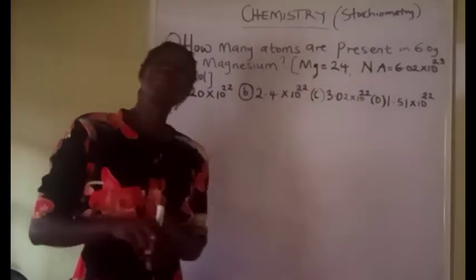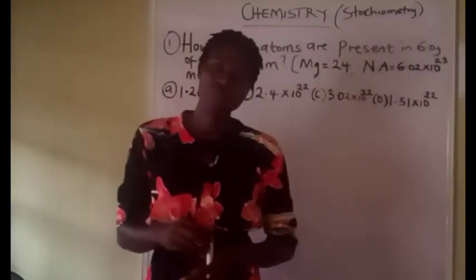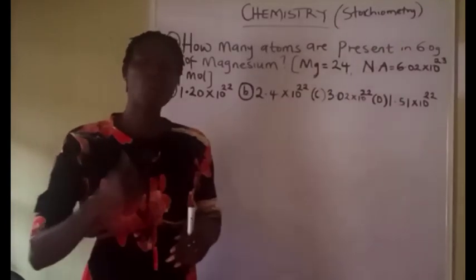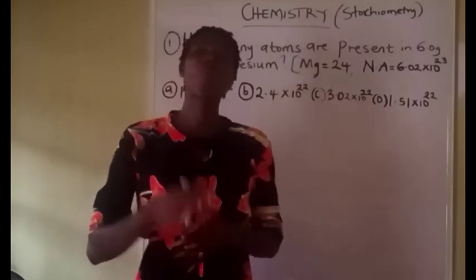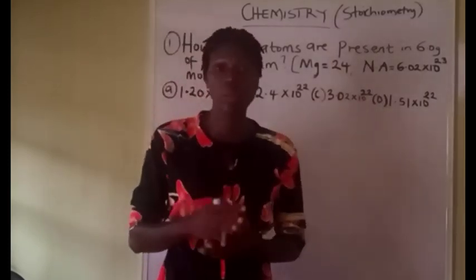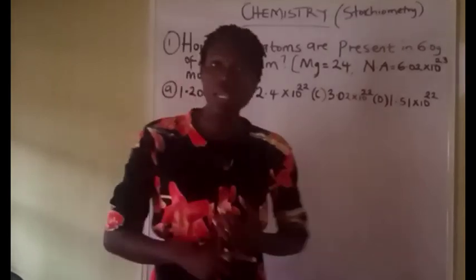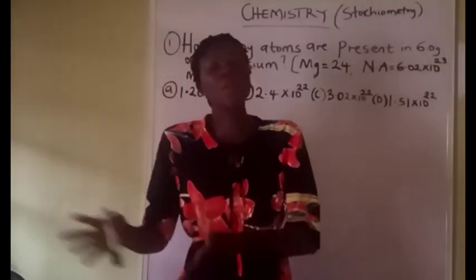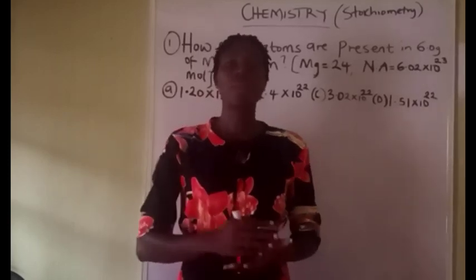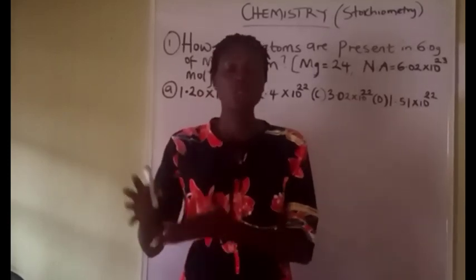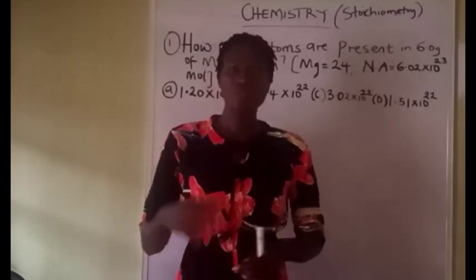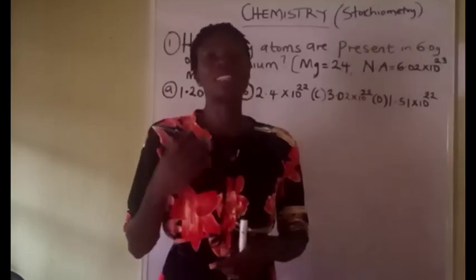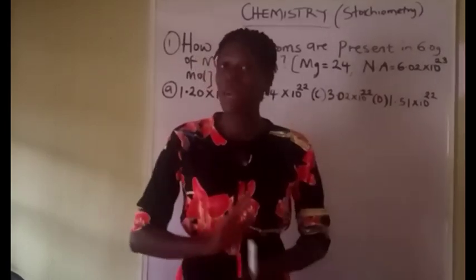Stoichiometry is the branch of chemistry that talks about the quantitative relationship between reactants and their products in a chemical reaction. There's a particular postulate that supports that, the law of conservation of mass, which states that matter can neither be created nor destroyed in a chemical reaction.